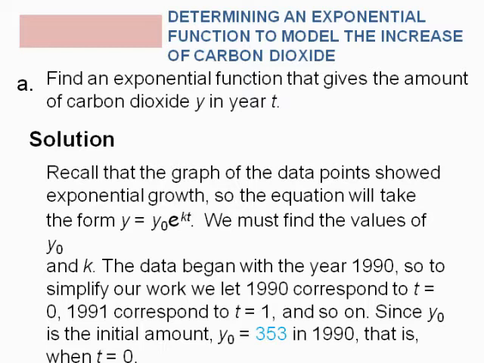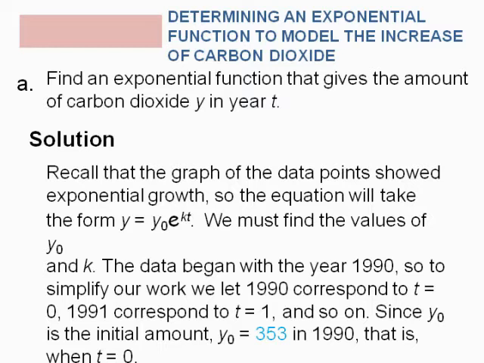It says find an exponential function that gives the amount of carbon dioxide y in year t. Recall that the graph of the data points showed exponential growth. So the equation will take this form, y equals y sub naught e to the kt power, and we must find values of y sub naught and k.